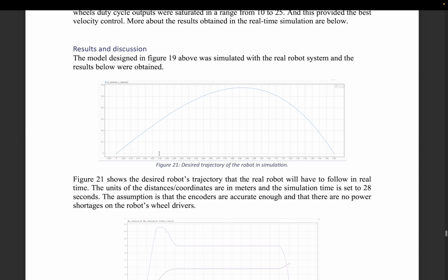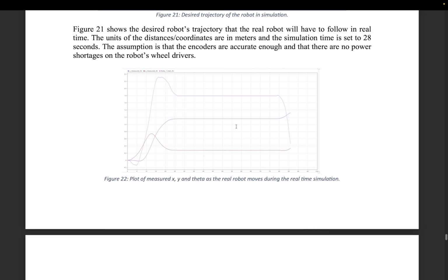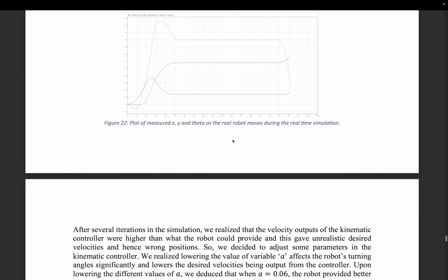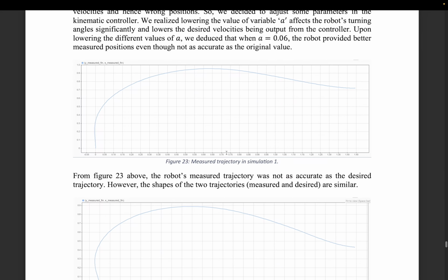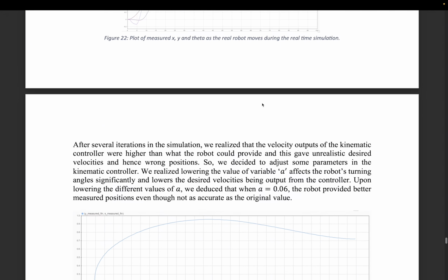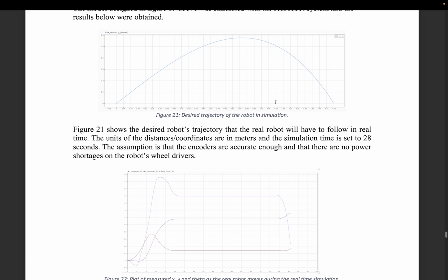Yes. Now with our desired trajectory, this is the new desired trajectory in the real-time simulation, the x and y plots plus theta from the response of the robot, and this is where the responses of the trajectory are. This is the desired one, as you can see.